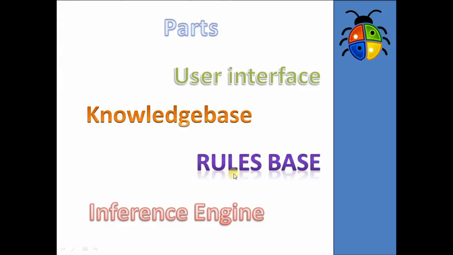The rules base, and again, this one is sometimes not counted in other places. The rules base is how this knowledge in the database, how this data, connects together. For example, usually this will be if statements or if-then statements.